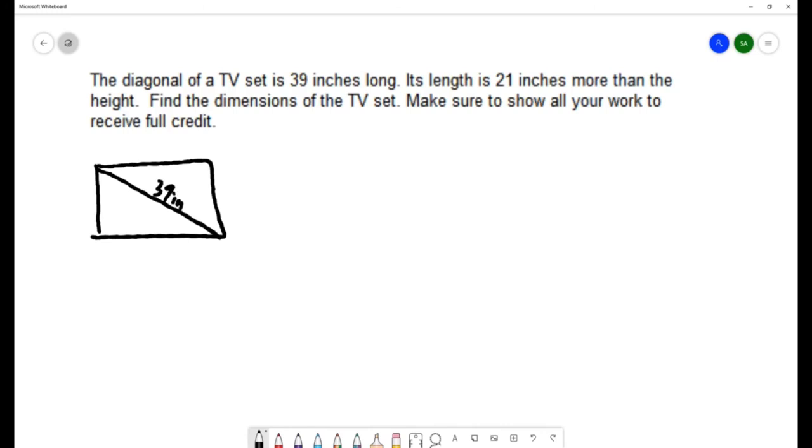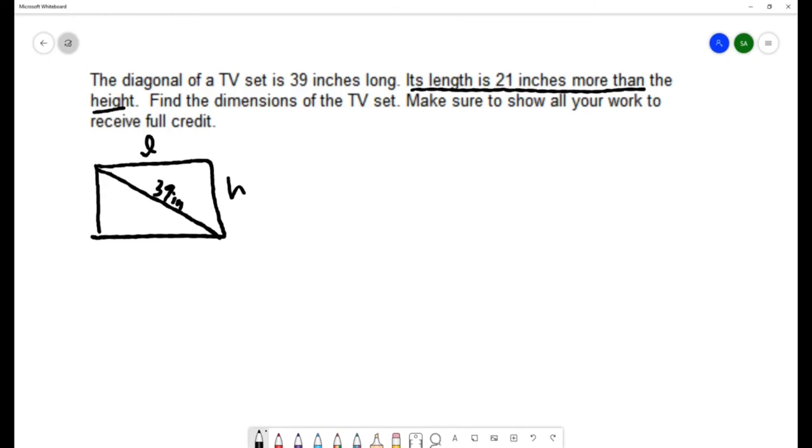And the diagonal goes from corner to corner. I'm going to label this side as the width and this side as the length. I typically put whatever side is longer as the length. And then we have a statement here that says the length is 21 inches more than the height. So maybe I should call this the height instead of the width.